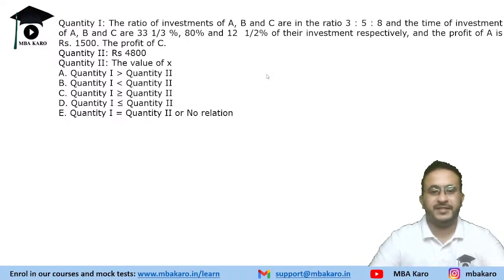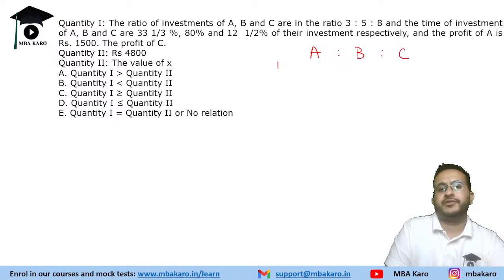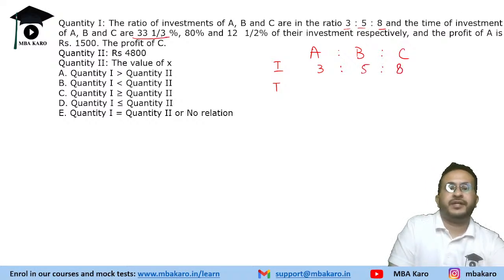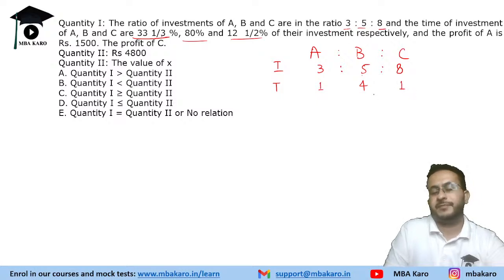So let's see this. Fairly simple. A, B, C. Profit is in what ratio? Ratio of investment into ratio of time. Investment are ratio 3, ratio 5, ratio 8. और time क्या दिया है? 33 1 by 3%. That means 1 time is 1. 80% of 5 is 4. And 12 1 by 2 is 1/8. So for this person the time is 1. So that is 3 ratio 20 ratio 8.